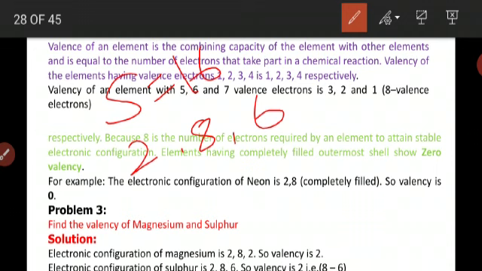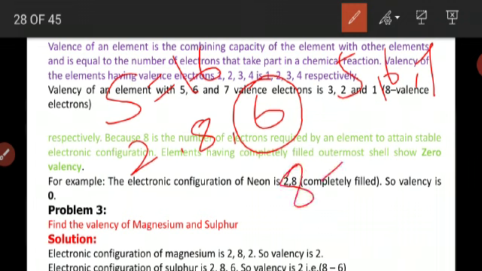Here, what is the outermost electron count? 6. So 8 minus 6 is equal to 2. So the valency of sulfur is 2.